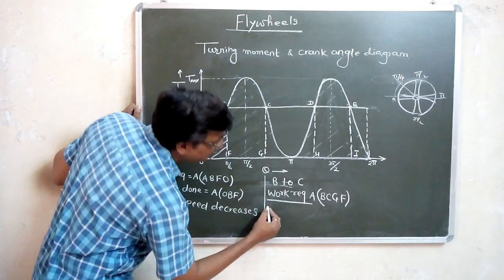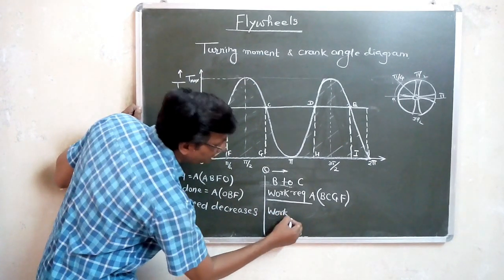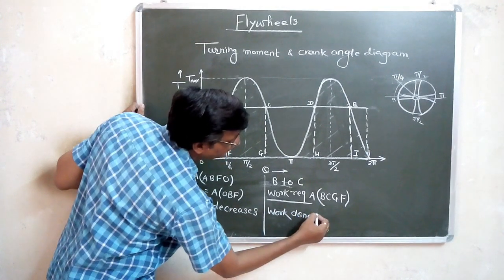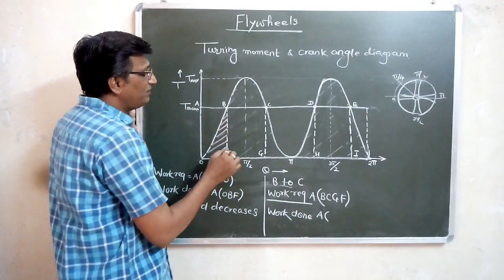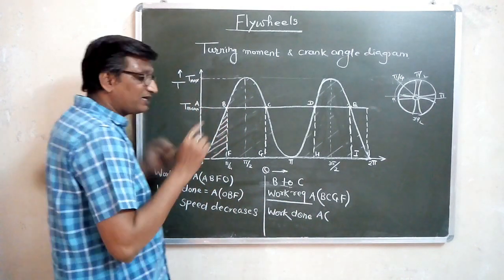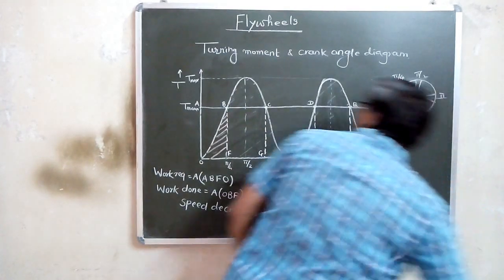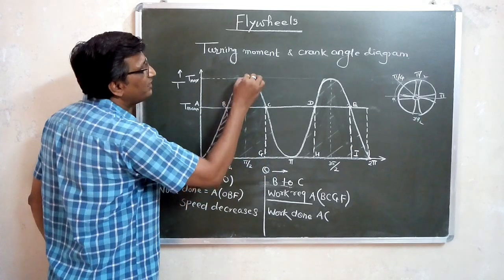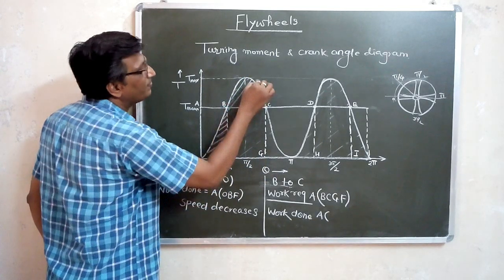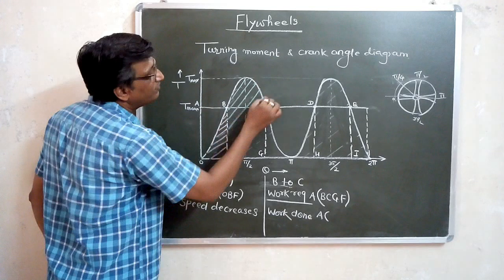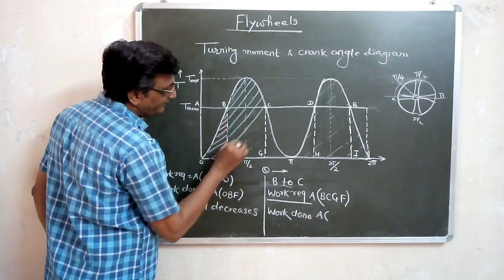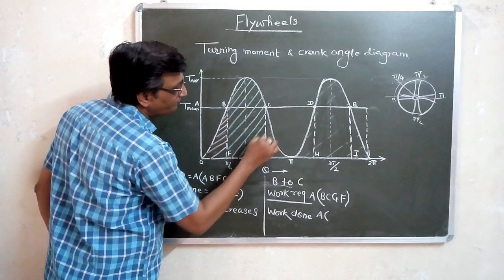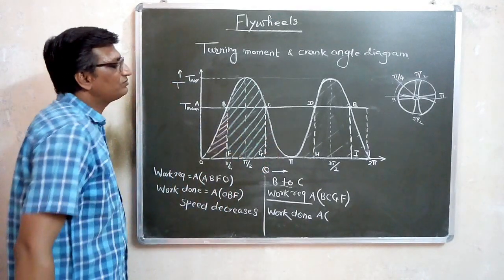But what is the work developed, or work done, or produced? If you see, the work produced is the area under the curve. So I will draw the area under the curve. From B to C, this is the area under the curve where you are getting the work.